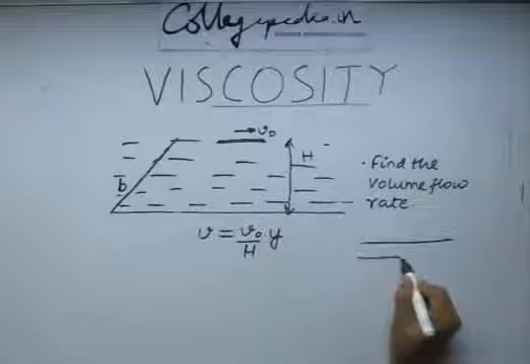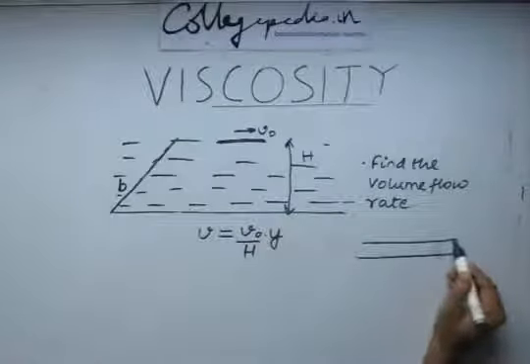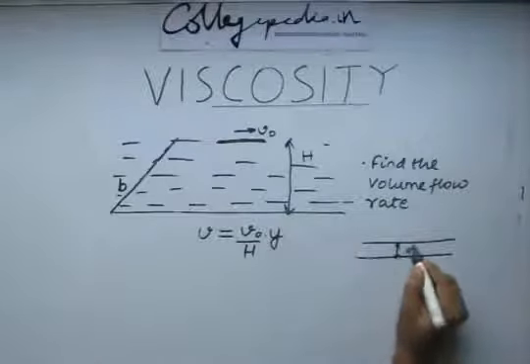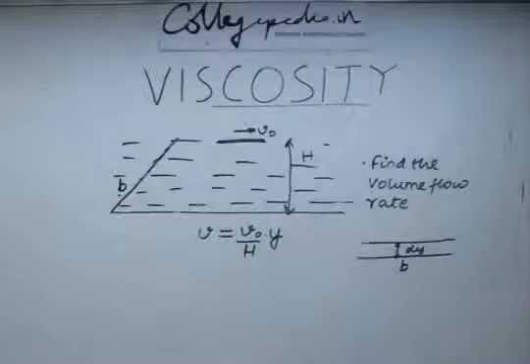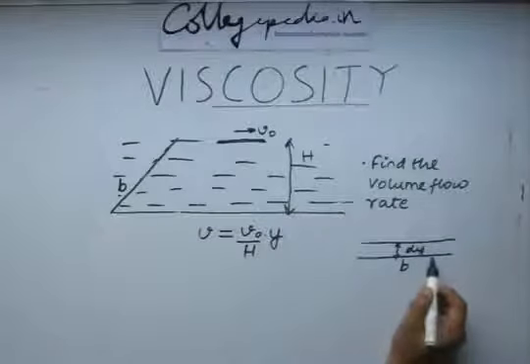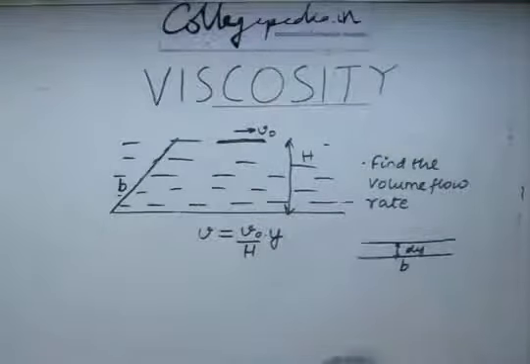The area of cross section for a small element of length dy looks like this. This length is nothing but B. So through this area element, we will have some fluid flowing.